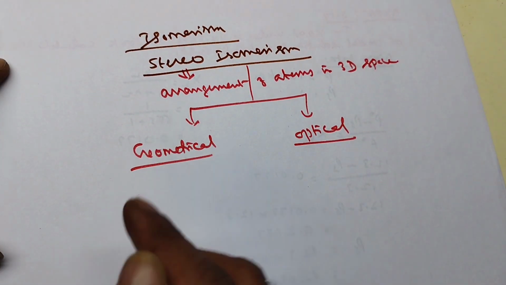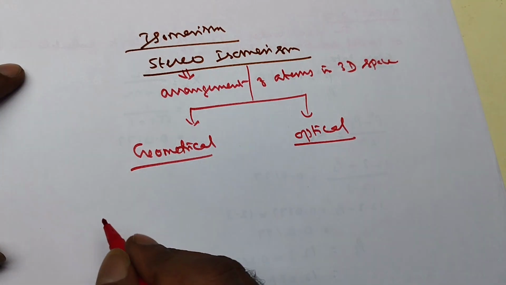First we will take geometrical isomerism. What is meant by geometrical isomerism?